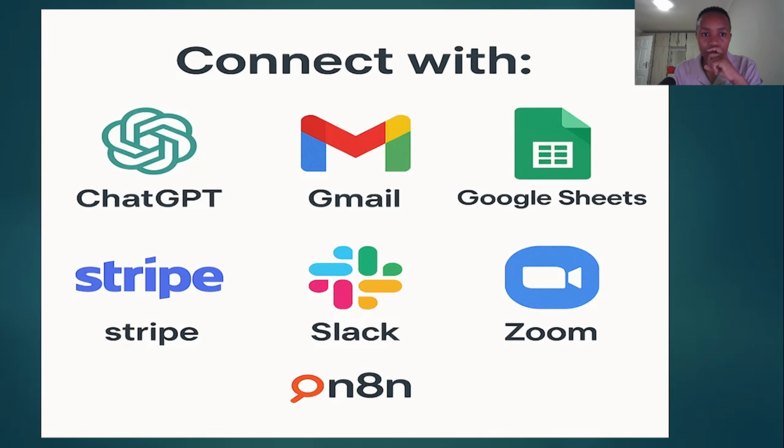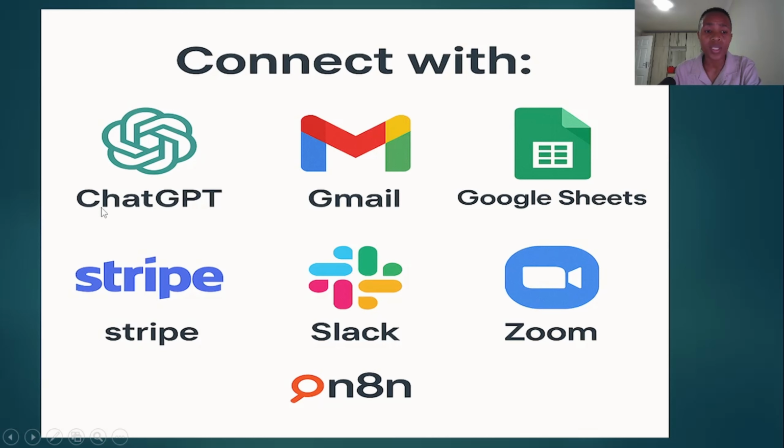Also, these are the tools amongst many that you can connect to your N8N. This is the tool that I use. So you can connect your Slack. I'm sure a lot of you know Slack, and then you can connect Zoom, Google Sheets, Gmail to send emails, ChatGPT.